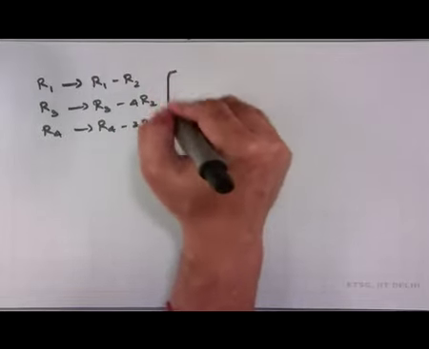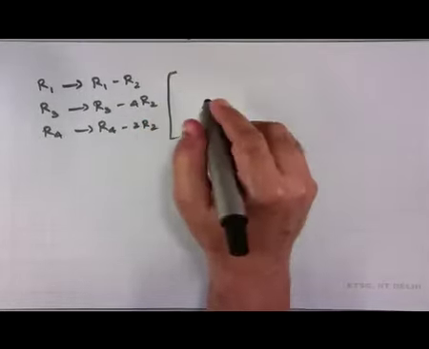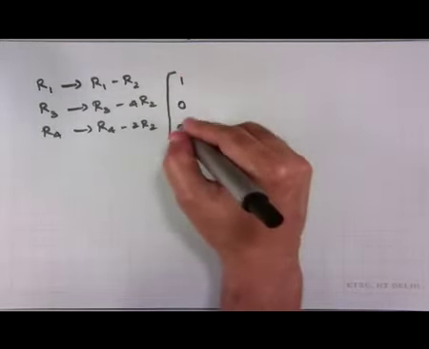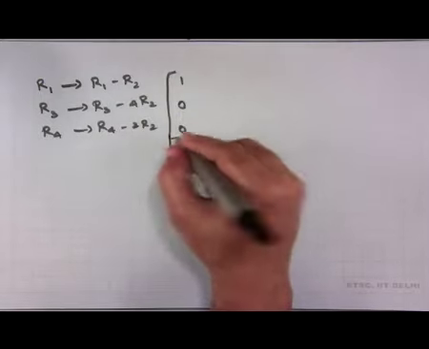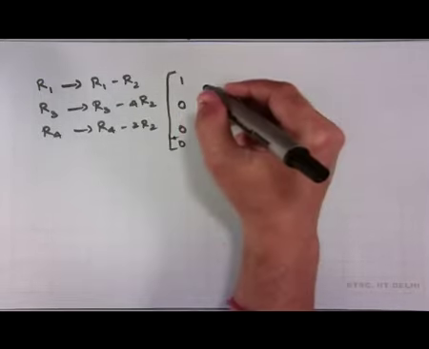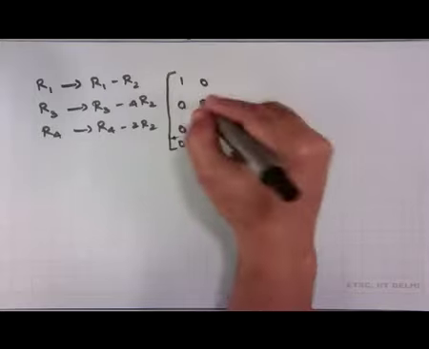Let us compute all these things. R 1 minus R 2, first column remains 1 0 0 0, second column 0 1 0 0.